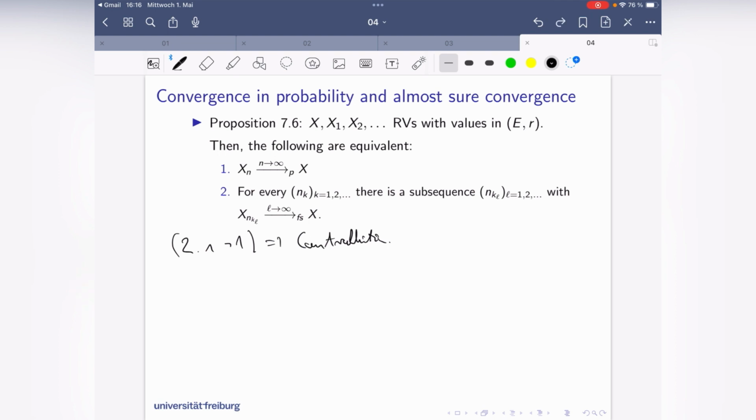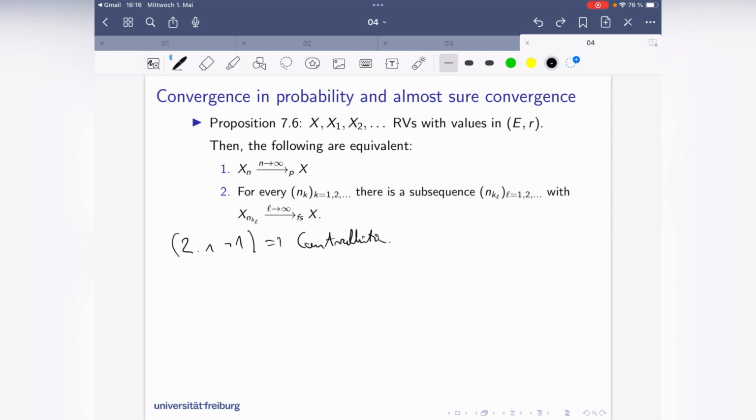So it cannot be that 2 holds but 1 does not hold. So let's assume 2 and not 1 holds.